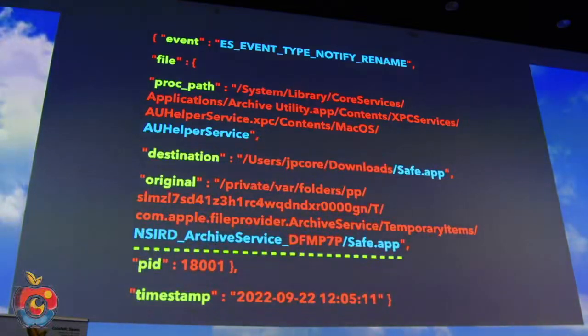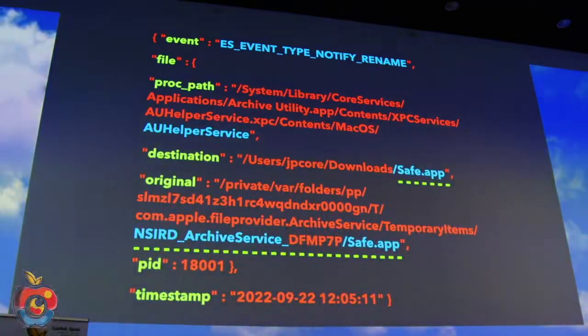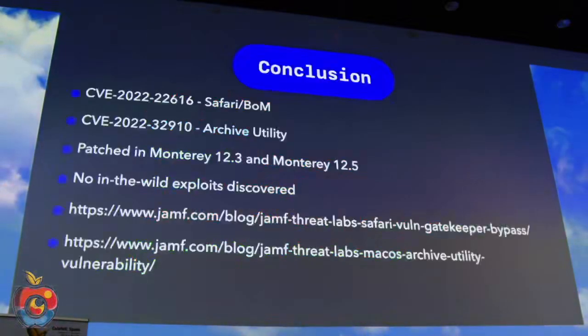And as it gets written to the destination, it gets written as safe.app as well. Since the application is located within the NSRD archive services folder, it means it was contained within that extracted archive, so it will hold a quarantine attribute, which will not allow it to bypass Gatekeeper.